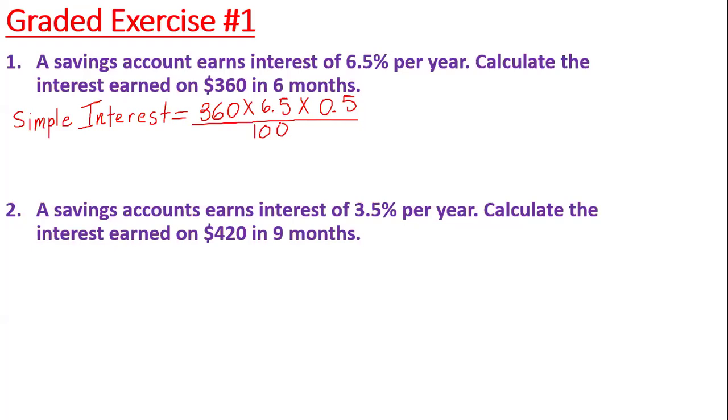Me personally, I would cancel this 0 with that 0. We're going to be left with what? 36 multiplied by 6.5, multiplied by 0.5, all over 10.